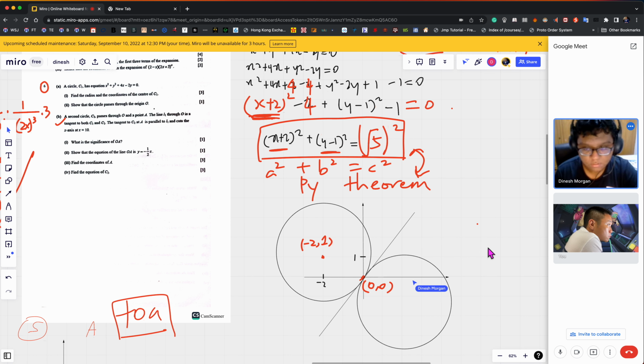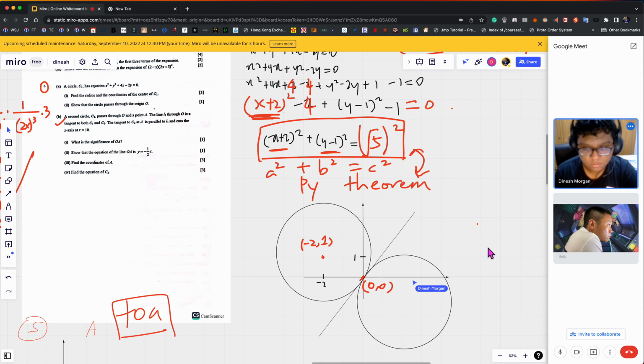So finally you make use of the Pythagoras theorem. Okay, good. So radius squared, 20, is equal to (2 root 5) squared. Alright, looks good.